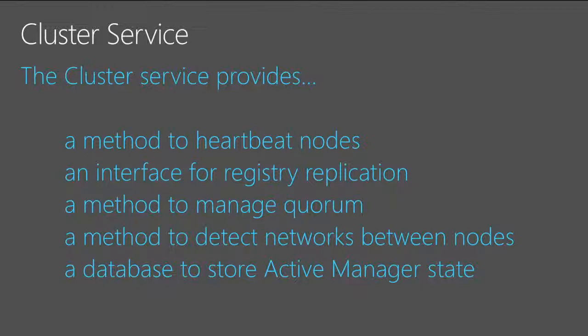An interface for registry replication, in other words, a mechanism by which I can very quickly share data between the nodes in a DAG. The concept of quorum and how I actually maintain that across a series of nodes. A method to detect the network health between those nodes. And the cluster database itself to store our active manager states.